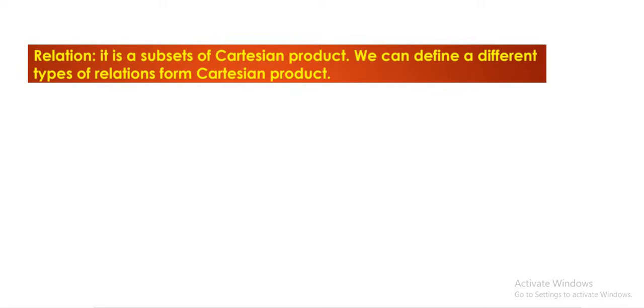If we take some ordered pairs from the Cartesian product, that set is a subset of the Cartesian product, which is called a relation. So finally we can define a relation as a subset of the Cartesian product. In this video we are going to find the subset of the Cartesian product, which is called the relation.